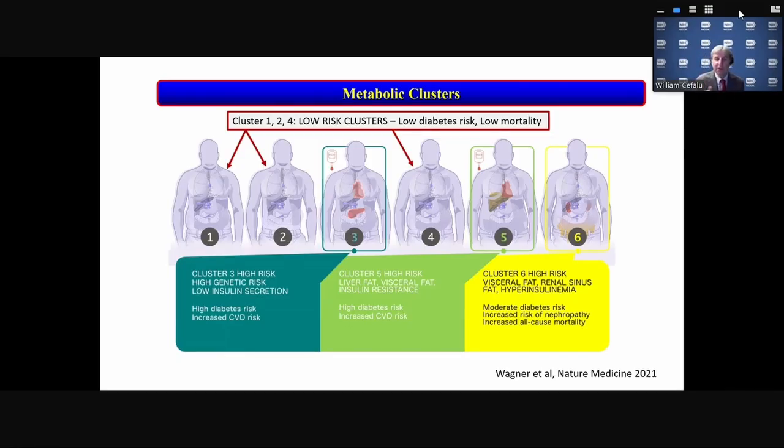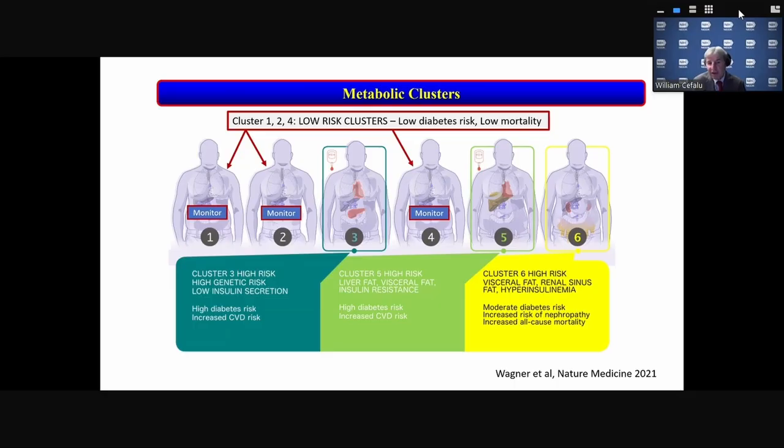So what does this data suggest? Well, given the number of individuals at increased risk of diabetes globally and the scarce resources we have, you can imagine if we have a classification system where we can identify those who are not going to progress rapidly, perhaps we can continue to monitor those.